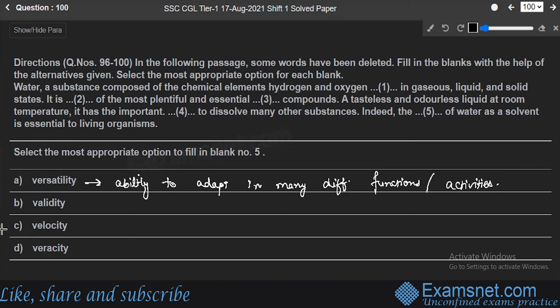Validity is the quality of being logically sound. Velocity is simply speed with direction.